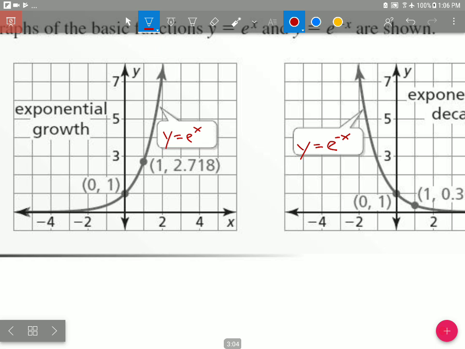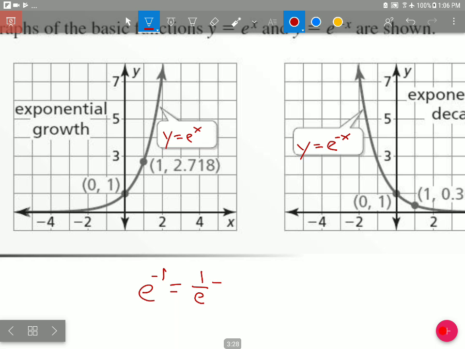Okay, so there are actually two ways to get a decay function. They really are the same thing, but what is it about a negative exponent that would mess with that base? You remember? What does a negative exponent do? It flips the fraction. So e to the negative 1 is really 1 over e, right?